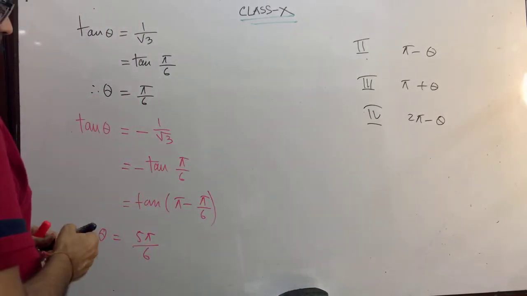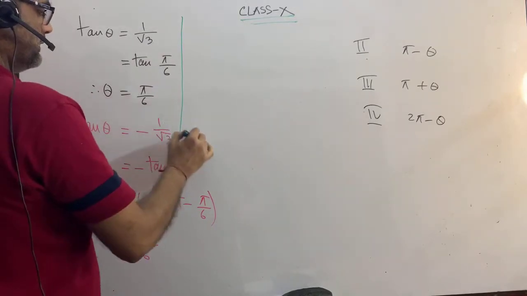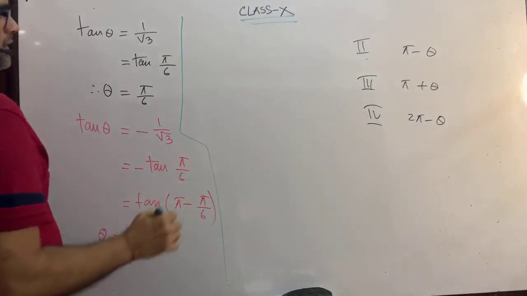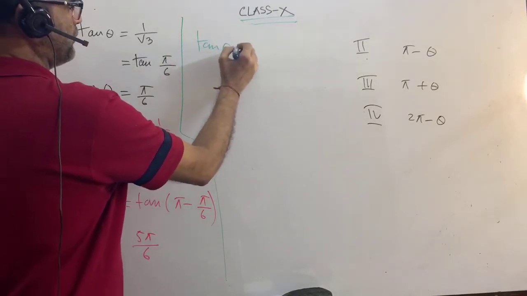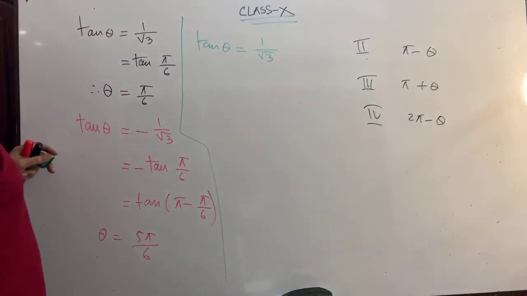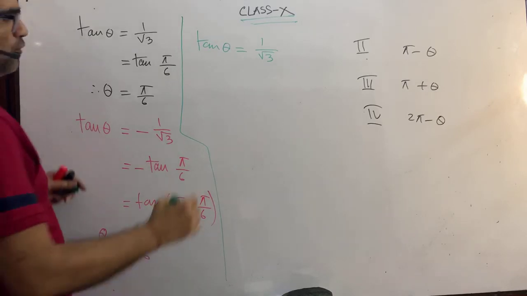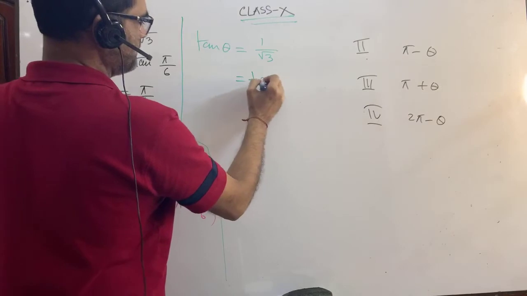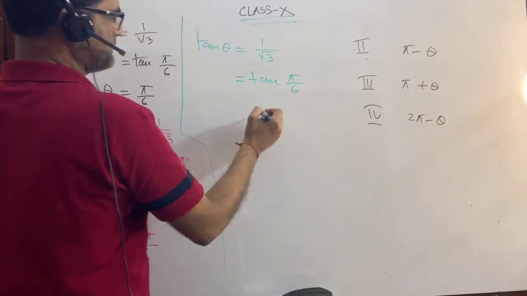Okay. Now you see for the third quadrant, tan theta is equal to 1 by root over 3. Positive in the third quadrant. I am going to find the value of theta in the third quadrant. What is 1 by root 3? Tan pi by 6.